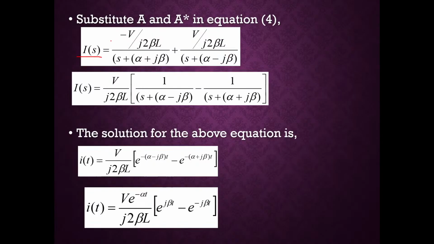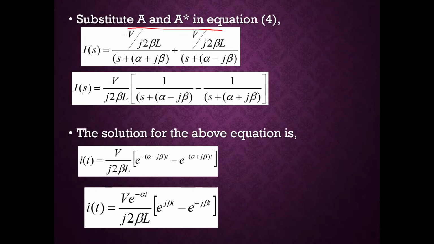Instead of A, you can write minus V by 2j beta L and plus V by 2j beta L. See here, j2 is written, I am pronouncing it as 2j. It doesn't matter. You should not keep the j operator in between the terms; either write it at the front or at the last. Both are the same. But while speaking, in flow, I am unable to mention j first.